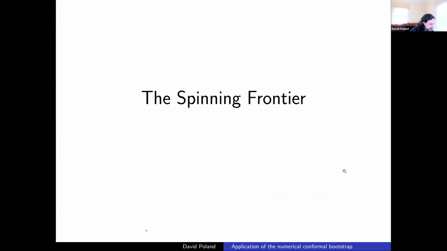Okay, in the last few minutes, let me just show you a little bit about what I might call the spinning frontier, where all the studies I showed you before involve 4-point functions of operators that are scalars, operators without spin.